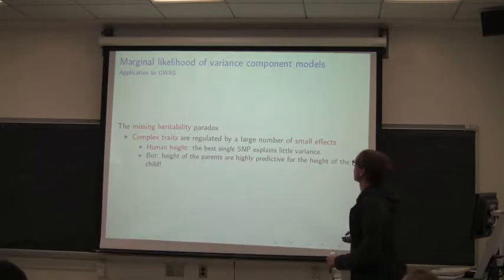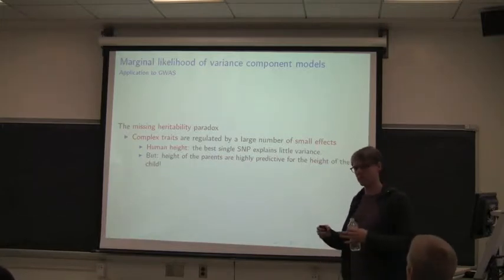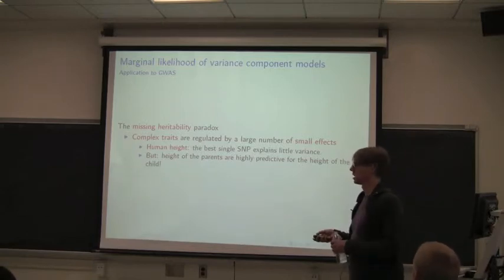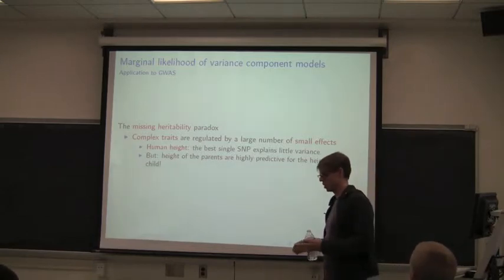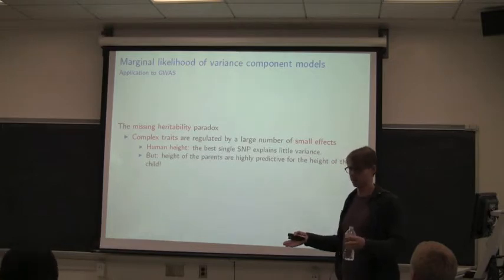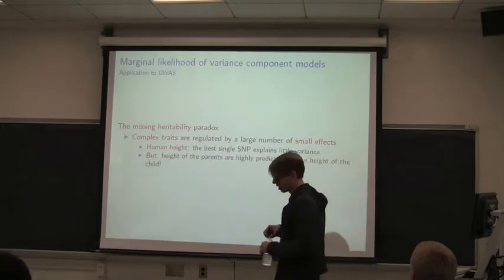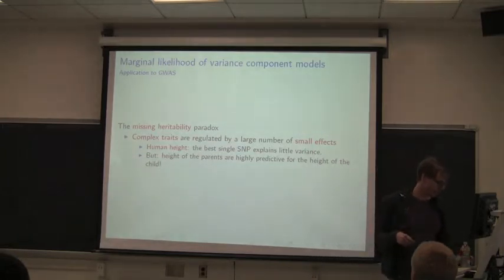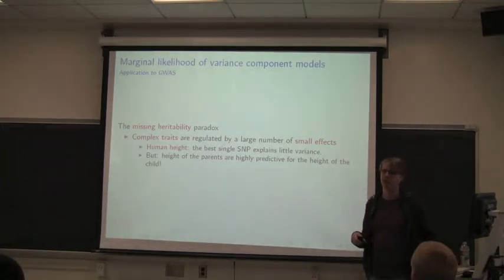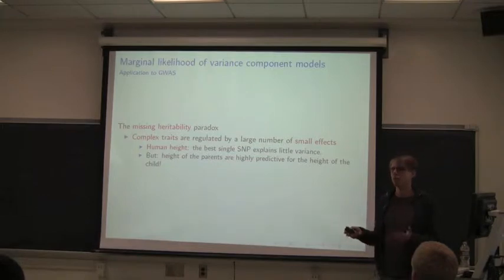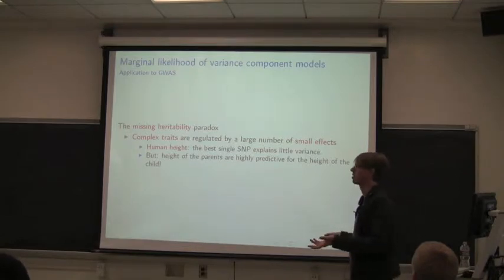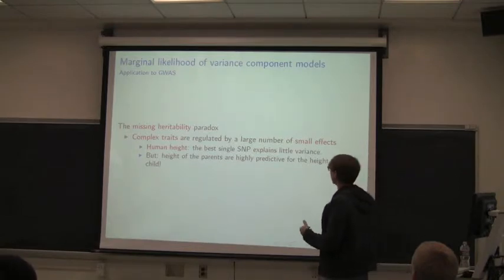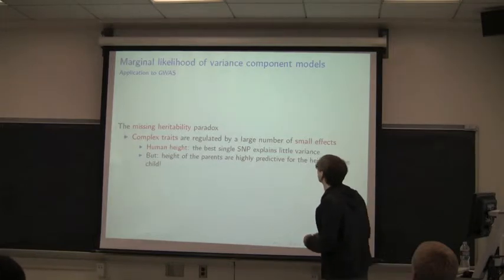In GWAS, we talked about heritability, and that there's this thing of missing heritability. If you do the GWAS, if you test, then the amount of heritability that we actually can explain with the SNPs that are significant is very low. In order to see how much variance we can actually explain, for a hopefully infinite sample size with the set of SNPs that we have, we can use linear mixed models to get an estimate of this.